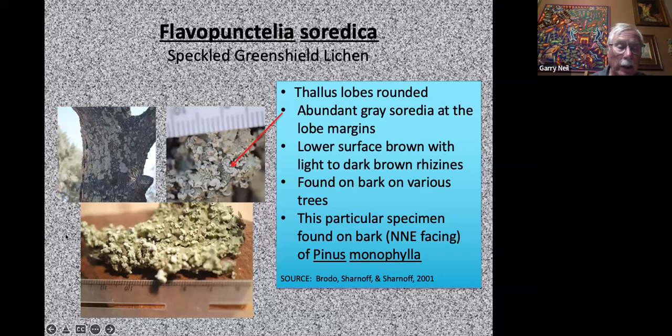You have a green thallus, and then all of a sudden you see all these eruptions on the surface. And again, those are the soredia. It's a very common lichen. You can walk almost anywhere where there is any woods that have pine. It's also found sometimes on juniper, and it's usually right at eye level, so you can see it growing on the side of the tree.